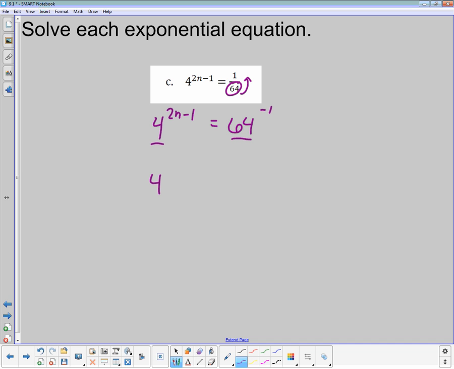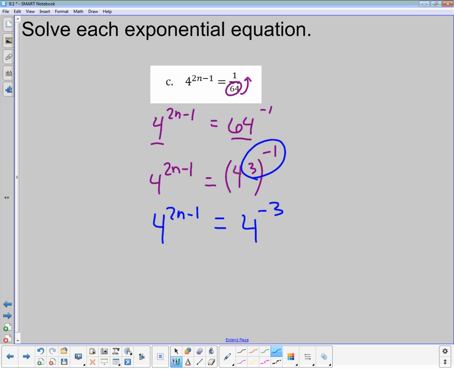So I can keep the 4 to the 2n minus 1 on the left, and I can change 64 on the right to 4 to the third power, and remember that's all raised to the negative 1. We have a lot of properties of exponents in this lesson that we're reviewing. Then I can multiply those together because power of a power means multiply. So 4 to the 2n minus 1 on the left and 4 to the negative third on the right.